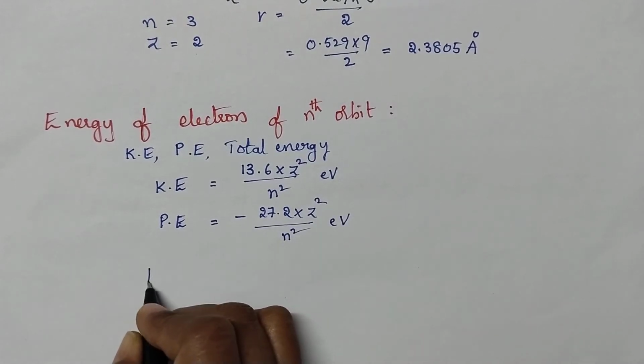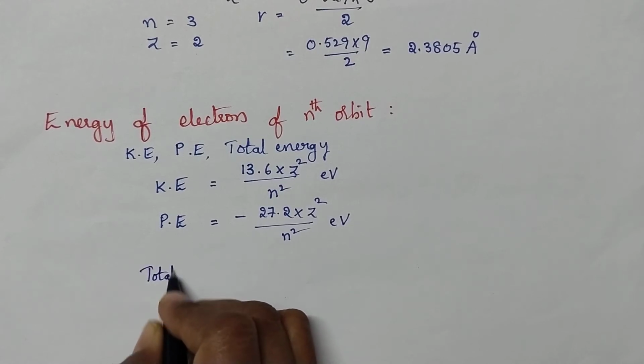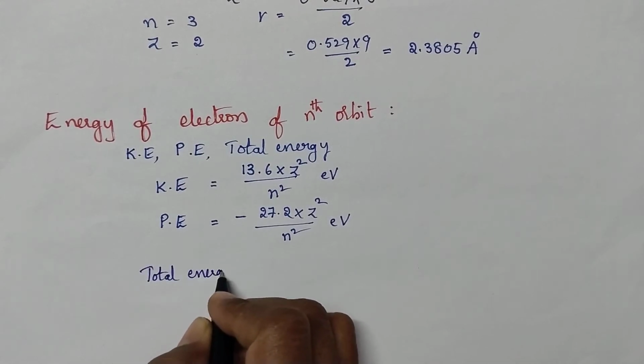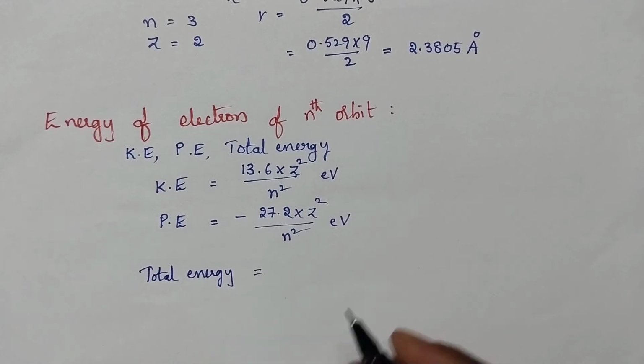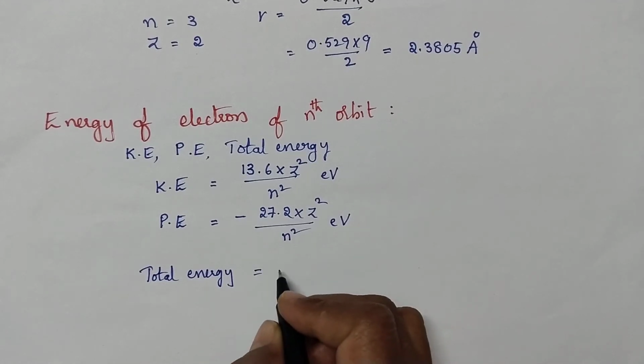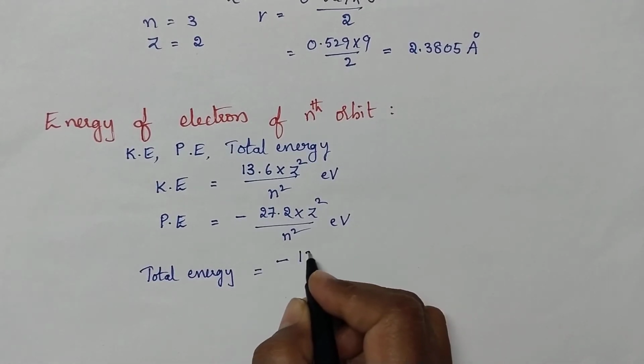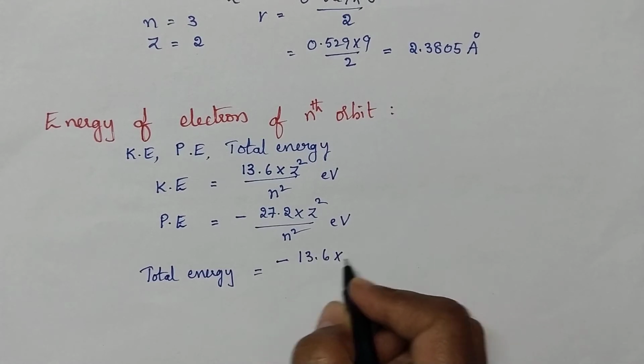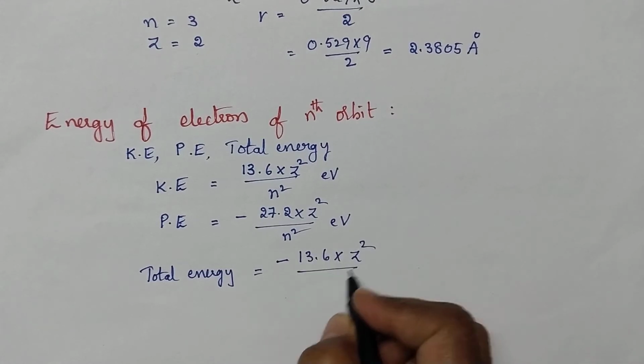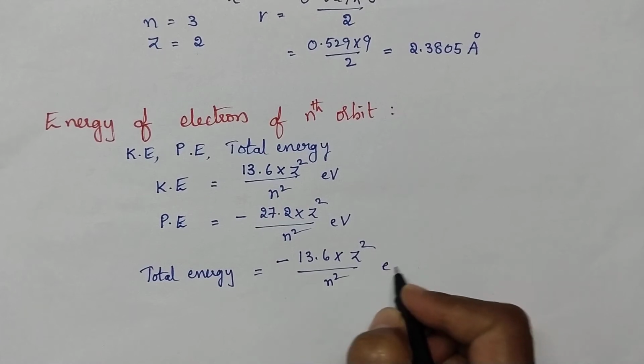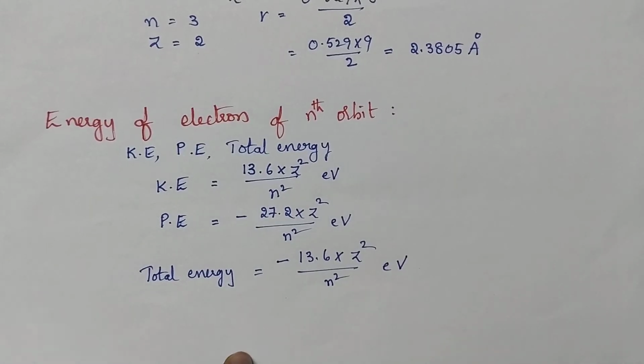And coming to the total energy, or simply it can be called as the energy, that is equal to minus 13.6 into Z square by N square electron volts.